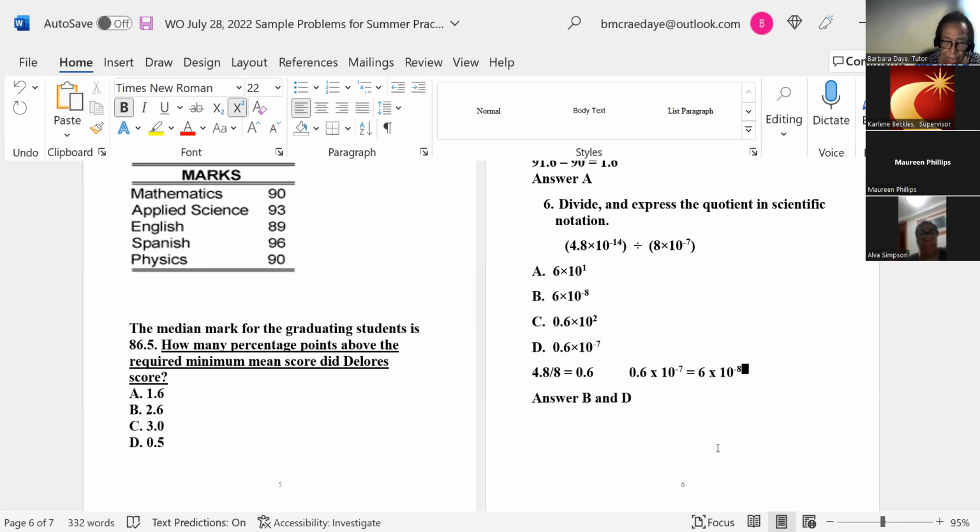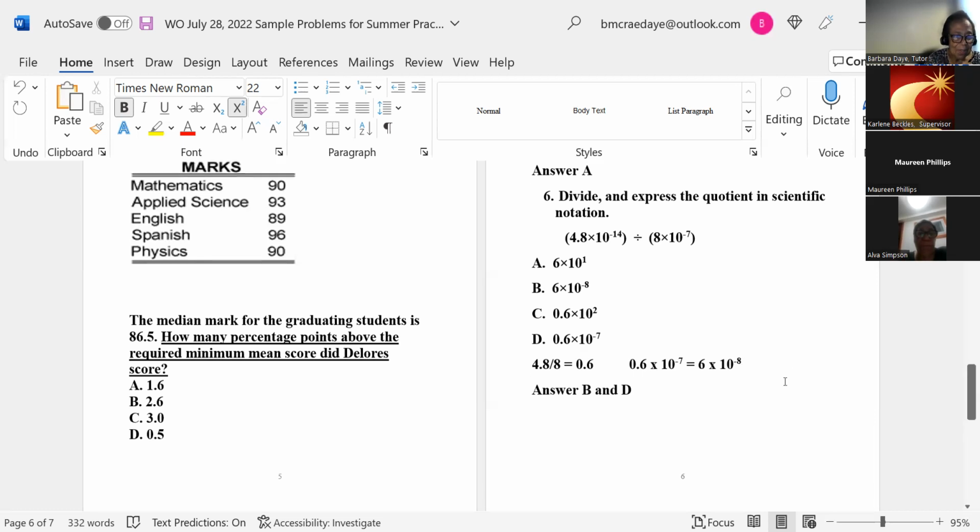Just D. Well, you could have put B, because remember I said the number in front of the 10 to a power, if that increases, you decrease the power. So if I make 0.66, I decrease my power to -8, -8 being smaller than -7. Got it? Yes. Okay.